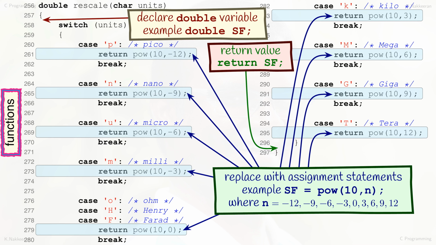Finally, after the switch statement between lines 296 and 297, a single return statement to return the double type variable value is written. If the function is written this way, it will increase the number of code lines, and also 8 bytes of extra memory are required, and it will increase the processing time a bit more.